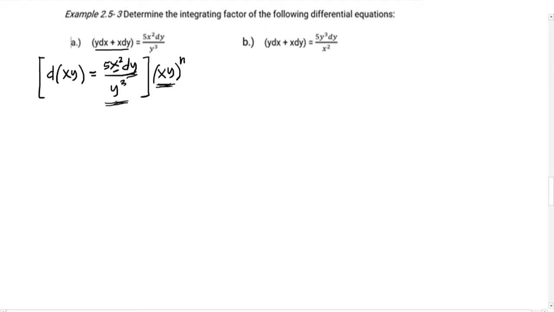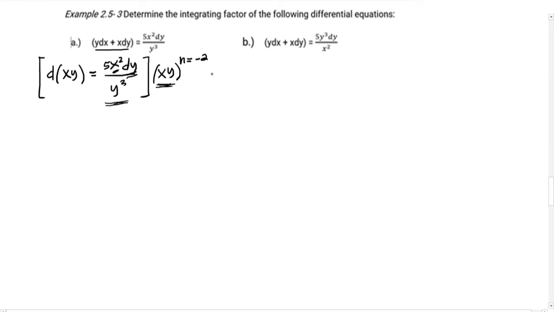However, in this equation, there is a variable x that we have to eliminate. So we multiply the equation by xy raised to n. And the exponent n here should be equivalent to negative 2, such that our x here can be eliminated.